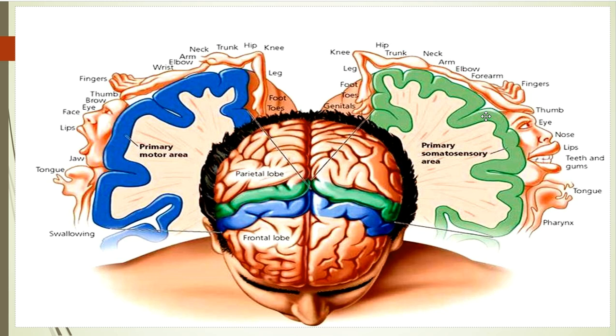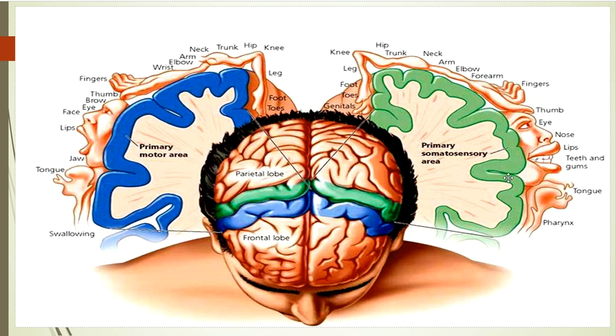The upper portion of the gyrus is responsible for the lower limbs and trunk, and here we can see the middle portion for the upper limb.